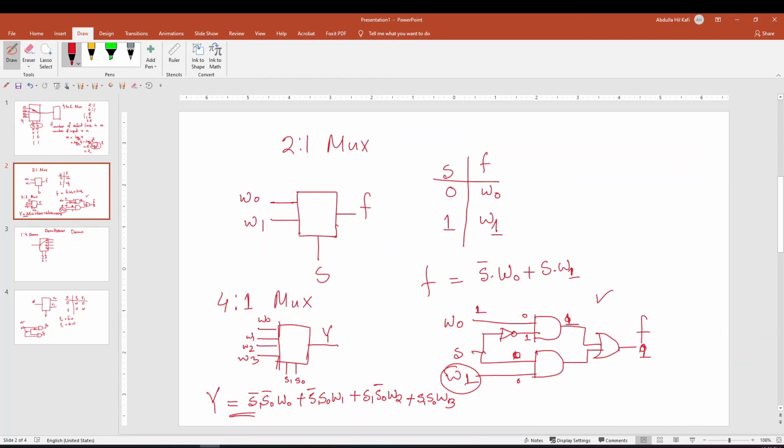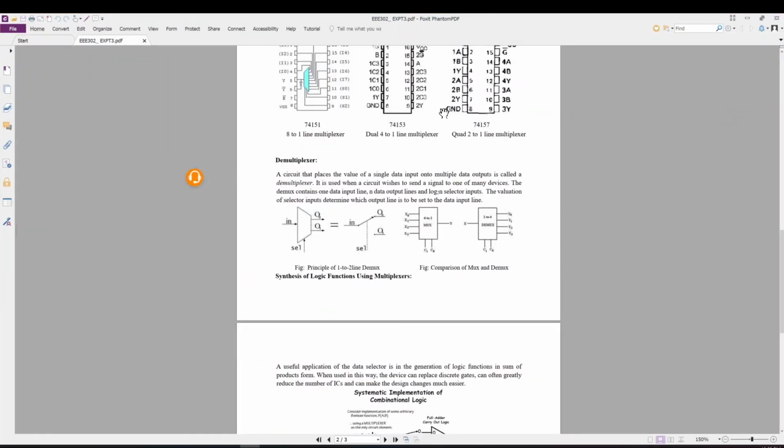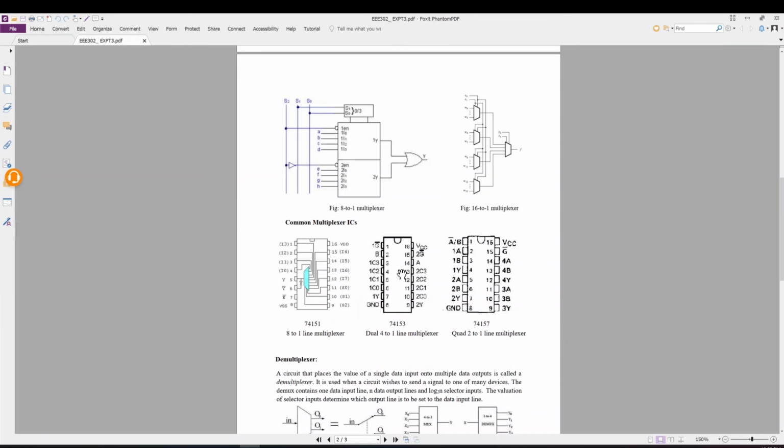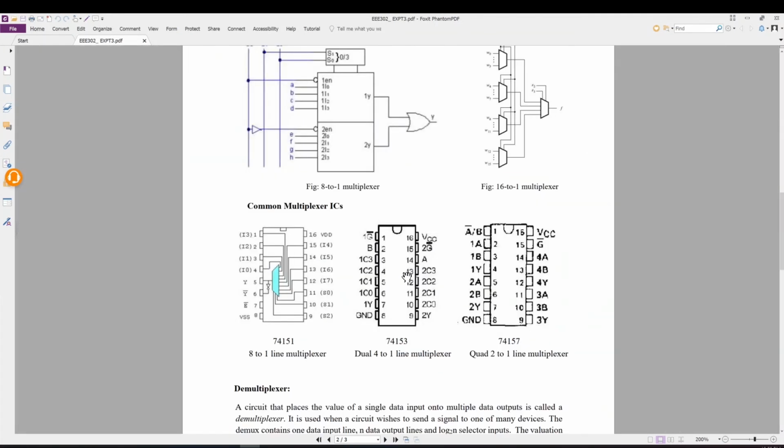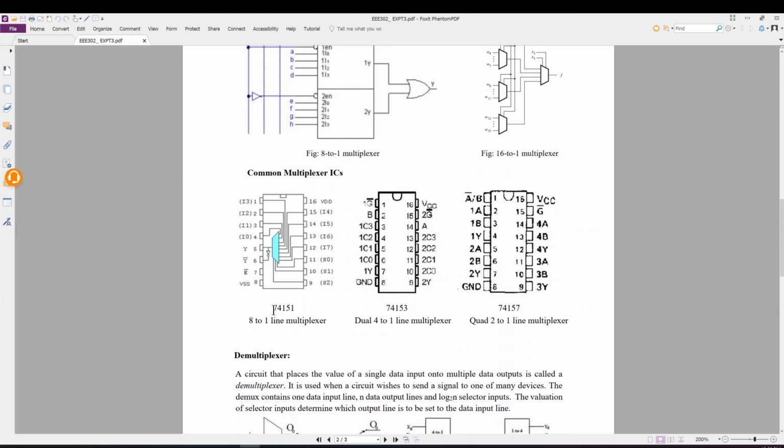Now if you see the lab report, you will find that we have different kinds of multiplexer ICs. First of all, this is 74151. This is an 8 to 1 line multiplexer. So it has 8 inputs and 1 output.